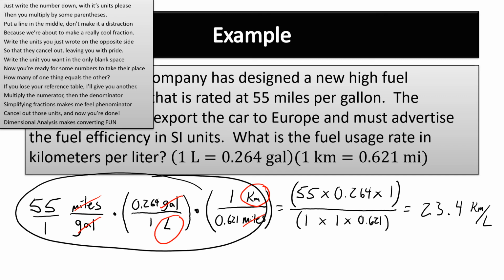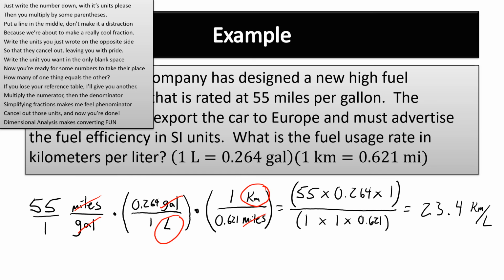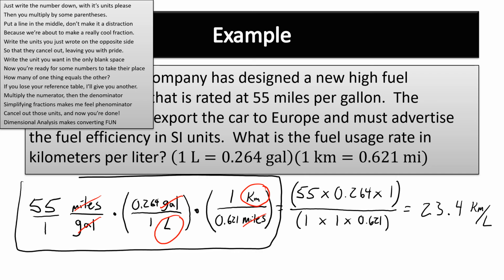It's like, well, I normally just kind of figure it out, but I don't really know if I'm doing it right this particular time. I wish there was a good process that I could use to make sure I'm doing it right for more difficult problems. This process works, all right? It's tried and true. It's all about canceling out the units, and you're proving that you're getting a kilometer per liter.